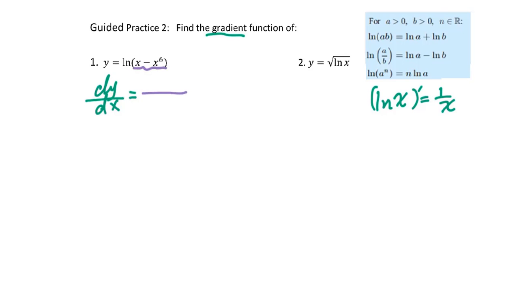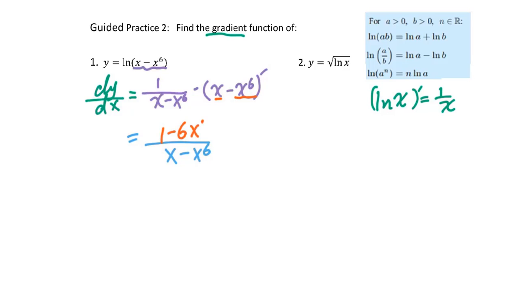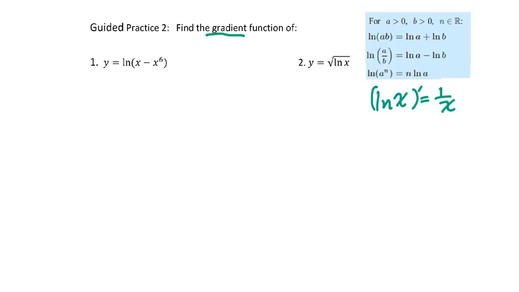So we have 1 over x minus x to the 6th power, then times the derivative of x minus x to the 6th power. Derivative for x is 1, then minus derivative for x to the 6th power means 6x to the 5th power. That's for number 1.